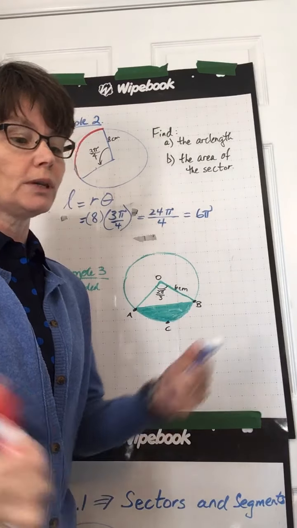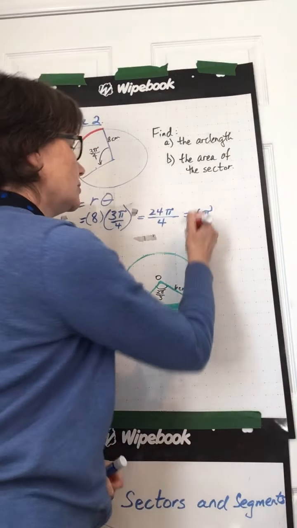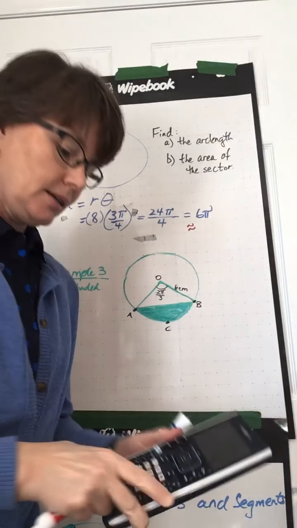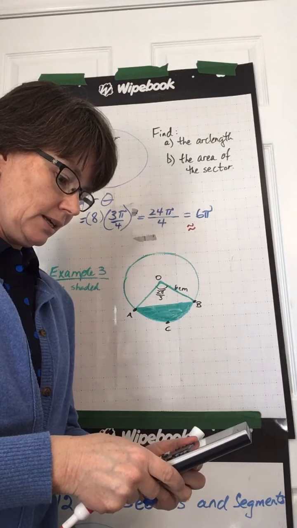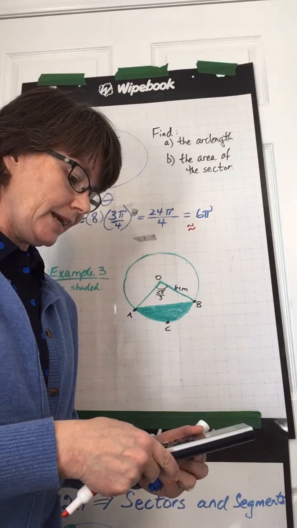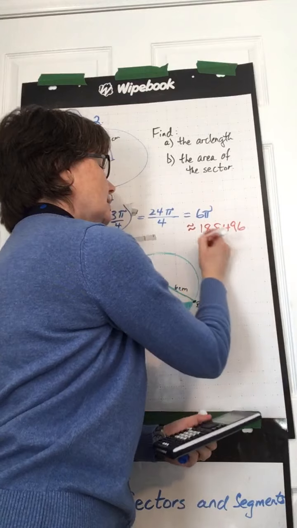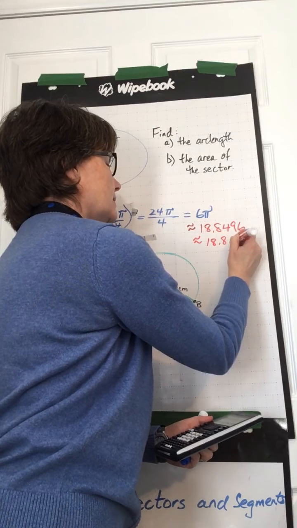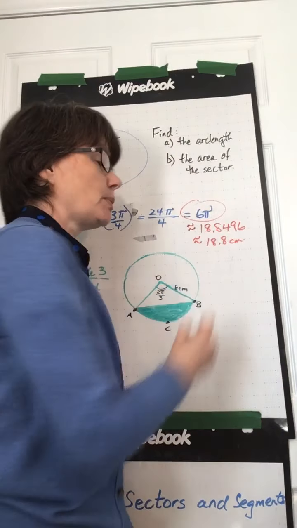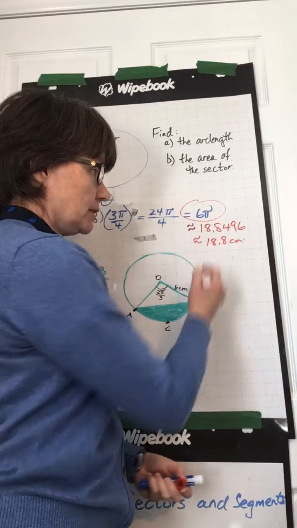If you want to know what that is in a decimal approximated answer, you could do 6 multiplied by pi in your calculator, and that will give you 18.8496, so approximately 18.8 centimeters, just to give you an idea. But the actual answer would be 6 pi. That's the correct answer because that's an exact number rather than a rounded off number.